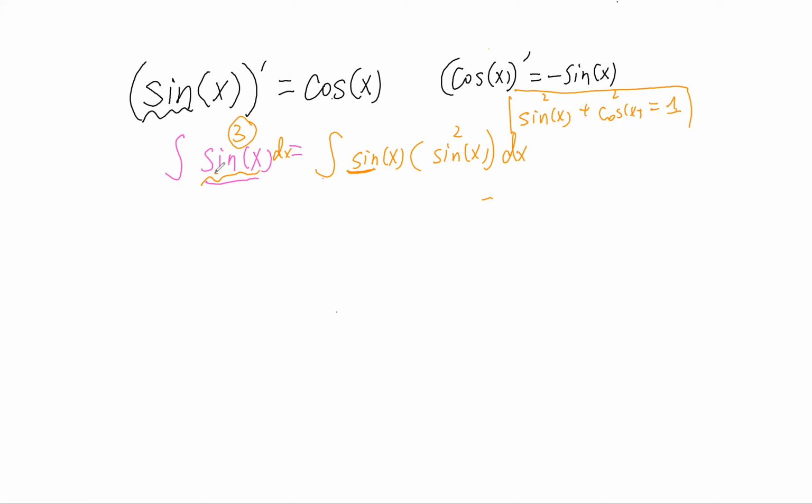This is my u, my base sine x is u, so the derivative of sine x should be cosine x. But what I take out is 1 sine x. That's not good. Sine x can only pair with cosine to the power.